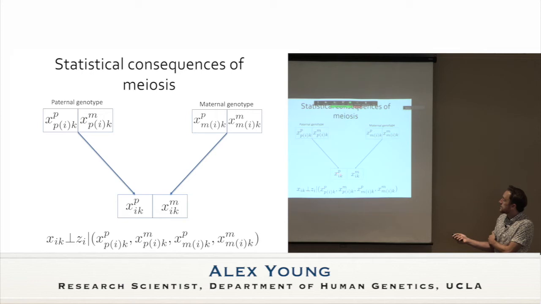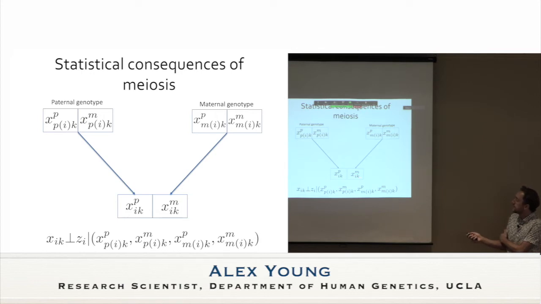This is individual i's paternally inherited allele at position k. What allele they inherit is the outcome of meiosis. Their father produces the sperm, and whether they inherit the father's paternally inherited allele or the father's maternally inherited allele is the outcome of this meiosis segregation event, which is in general just like a random coin toss, independent of all the confounds.